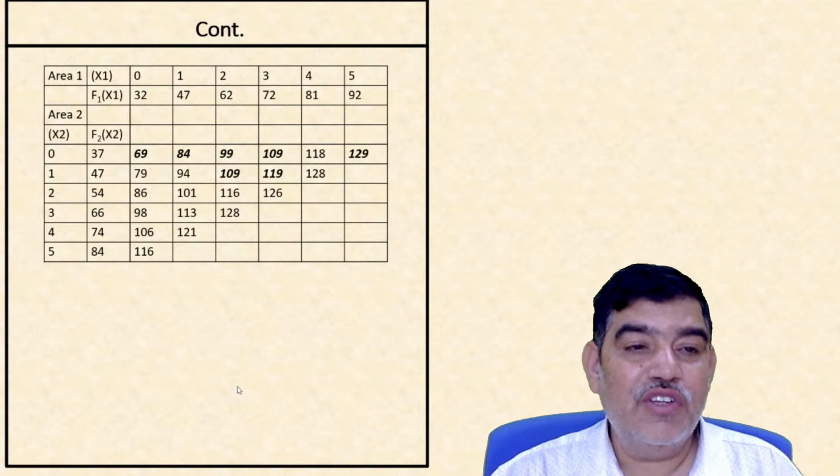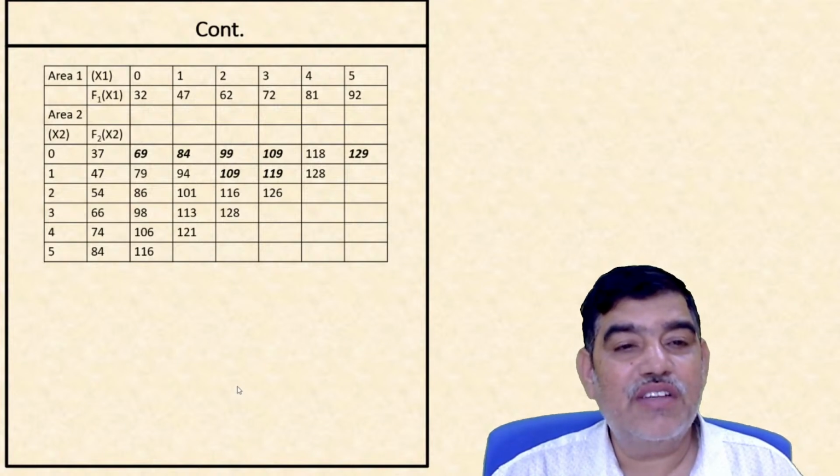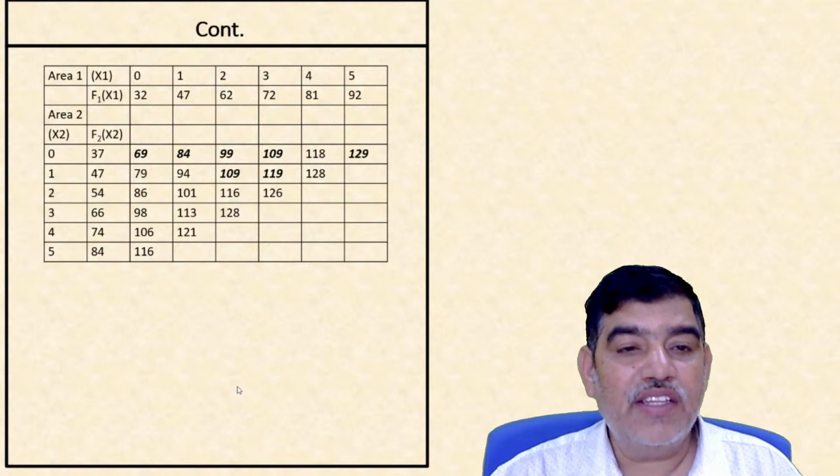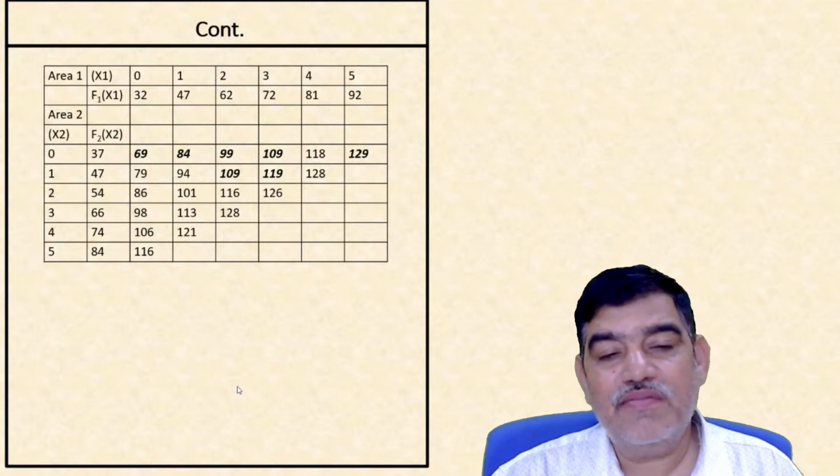Similarly, 0 representatives in area 2 and 1 representative working in area 1, then what is the profit? 47 plus 37, that is 84. If 2 representatives are working in area 1 and 0 representatives in area 2, adding this, 62 plus 37, that is 99.